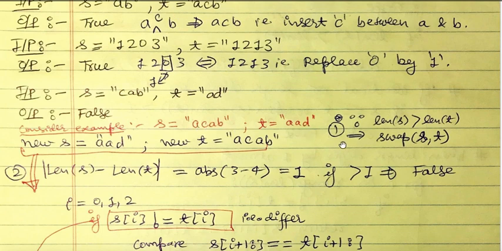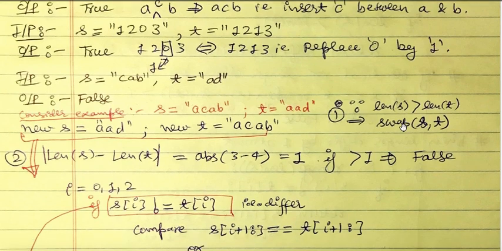The first check is we compare the length of source S and length of T. If the source is longer than T, we swap S and T. We just do it for programming convenience. We want the shorter string to be the source. We want to start from the smaller one.